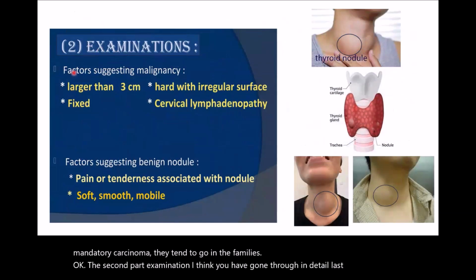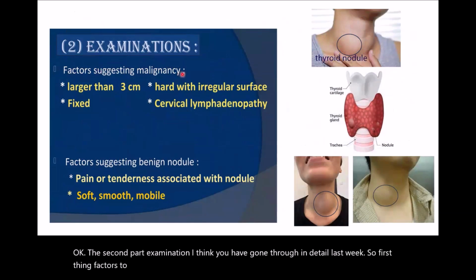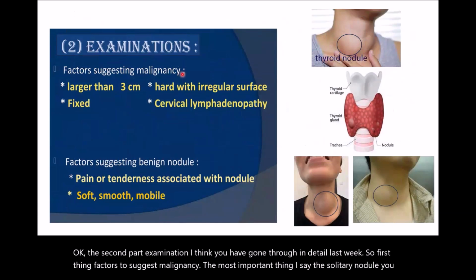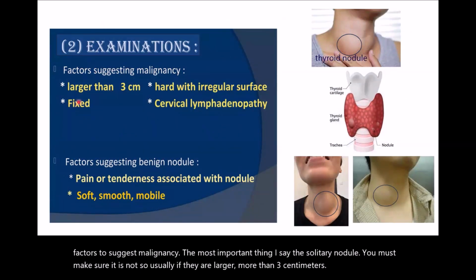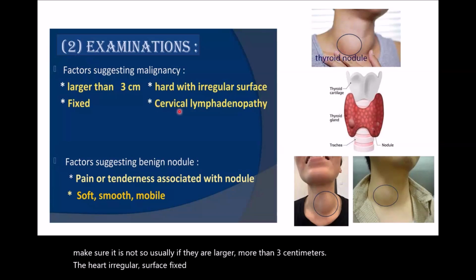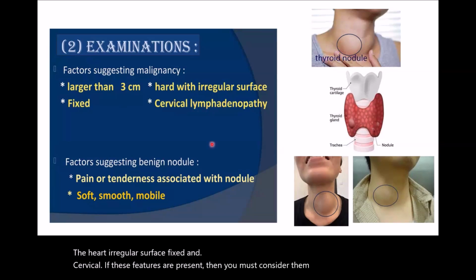So first thing, factors to suggest malignancy. The most important thing I said in a solitary nodule, you must make sure whether it's malignant or not. So usually if they are larger, more than 3 centimeters, hard, irregular surface, fixed, and with cervical lymphadenopathy, if these features are present, then you must consider them to be malignant.